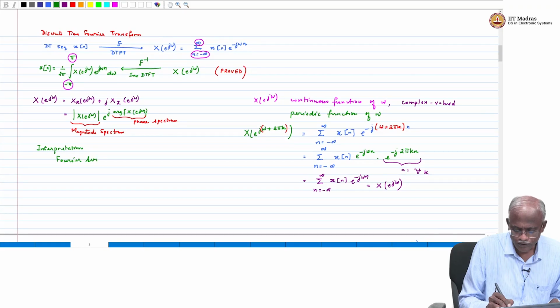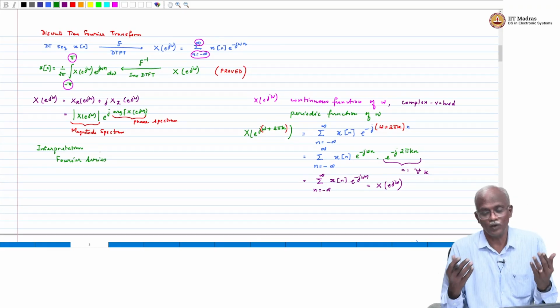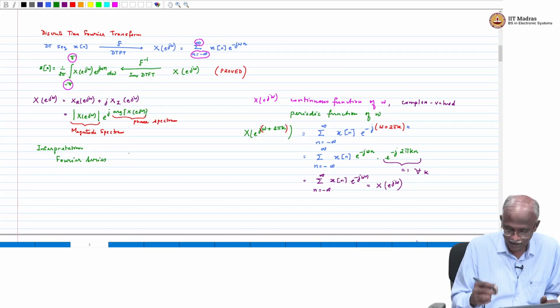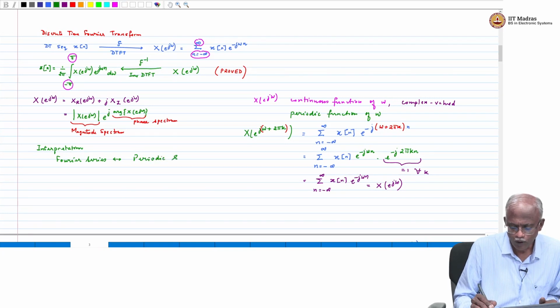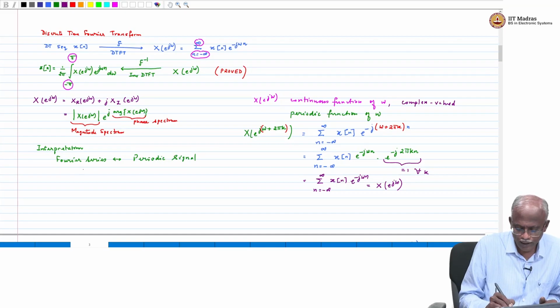Fourier series you would have studied in mathematics and also in signals and systems. Fourier series is applicable anytime we have a periodic signal. So, now we have X e of j omega is a periodic signal.